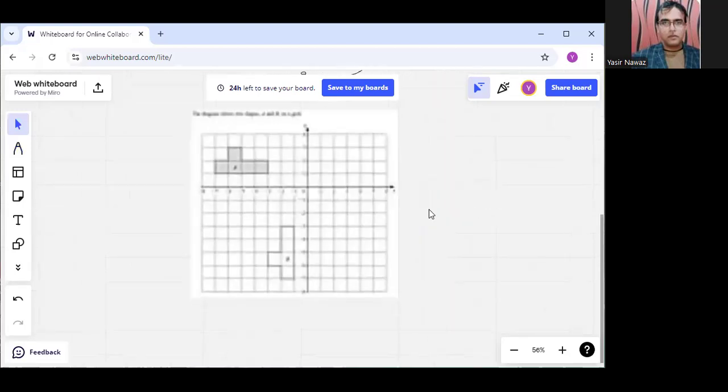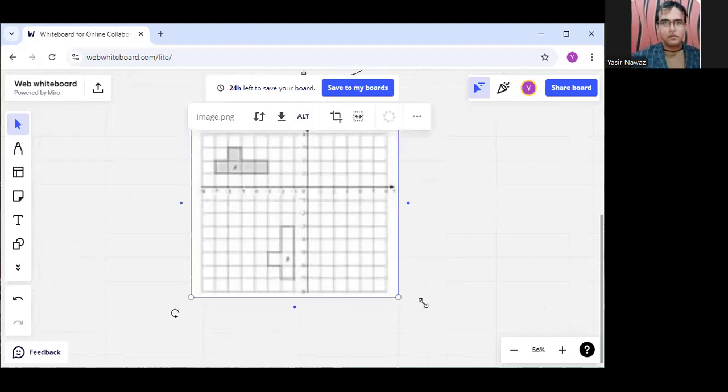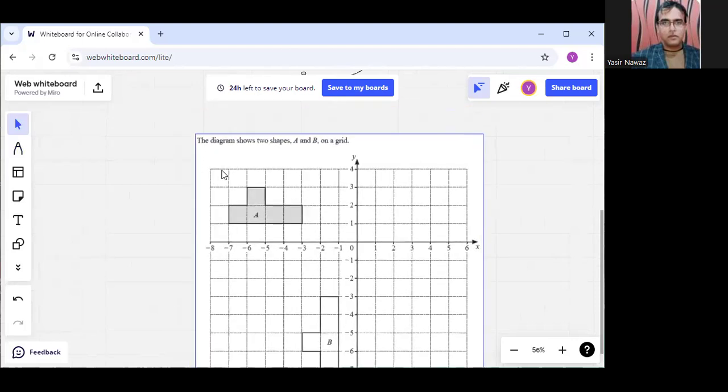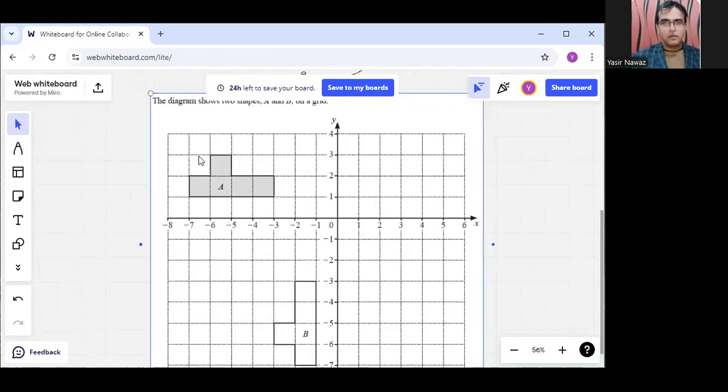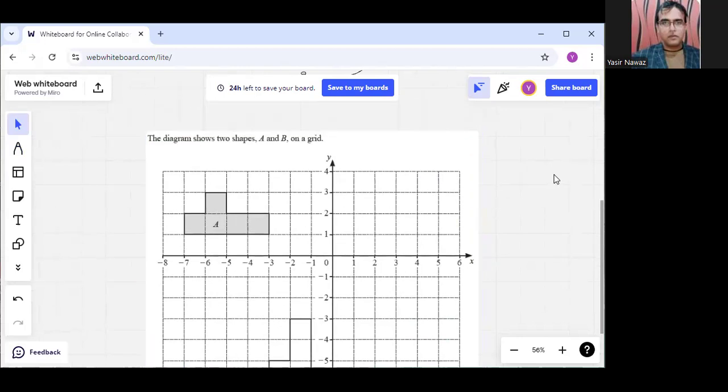Now look at this question, what it says. The diagram shows two shapes A and B on a grid.